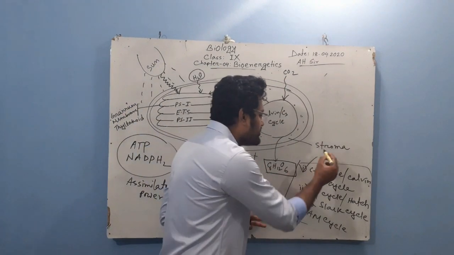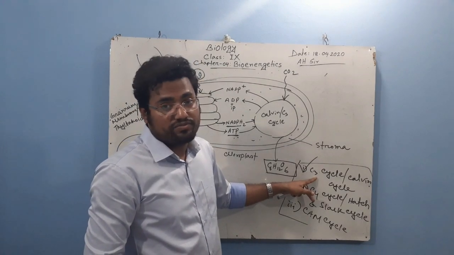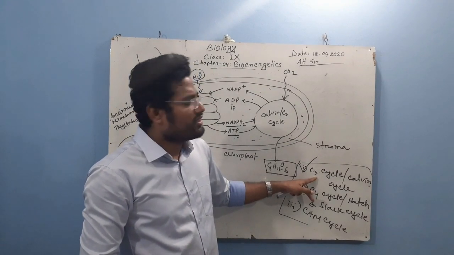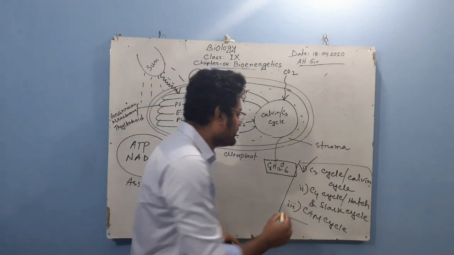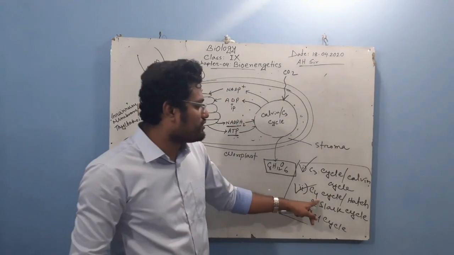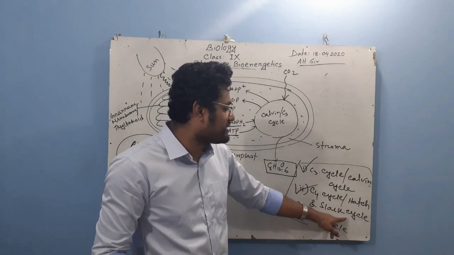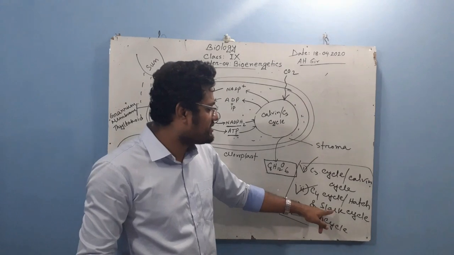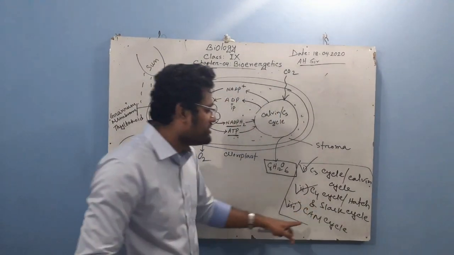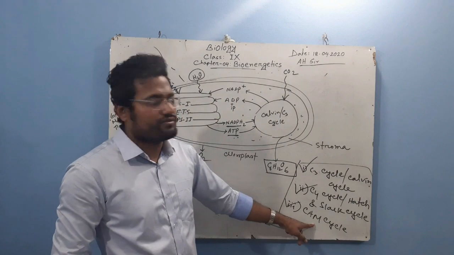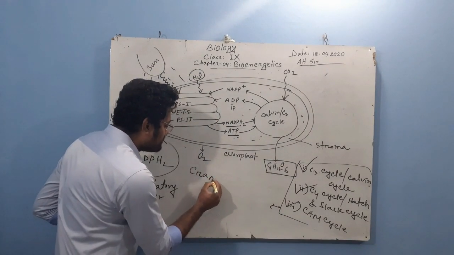Number 1 is the C3 cycle, discovered by scientists Calvin and Benson. For this contribution they got the Nobel Prize in 1961. The second process is the C4 cycle. Scientists Hatch and Slack first discovered it, and this cycle is called the Hatch and Slack cycle. The third process is the CAM cycle, whose full meaning is Crassulacean acid metabolism.